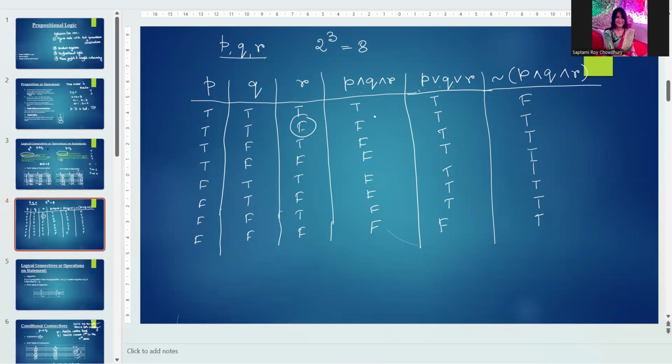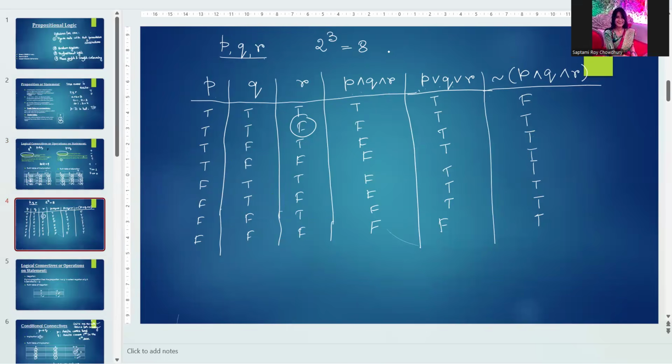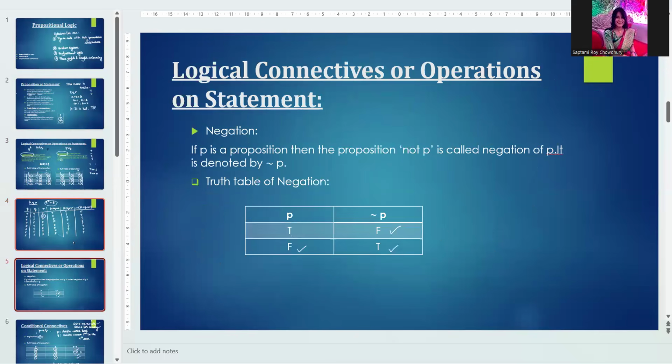Then we find the conjunction and disjunction. So how many entries are we finding here? We are finding 2 to the power 3, that is 8 entries.